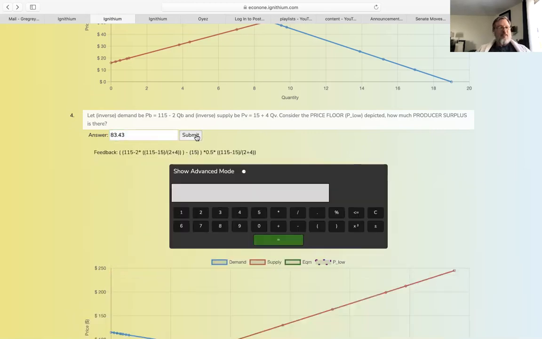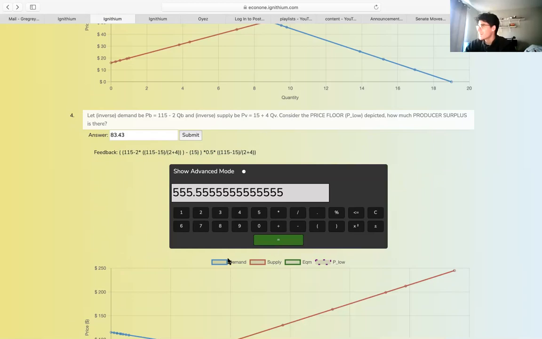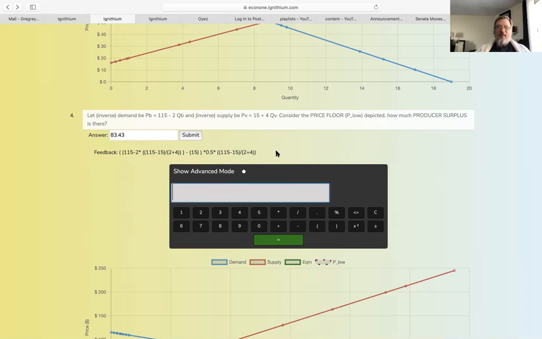Yeah. Submit. And again, we have our feedback equation. And I'm going to paste it there and equal to, whoa, hold on, wait a minute. When this happens normally, it's because I copied and pasted and I missed a parenthesis someplace.